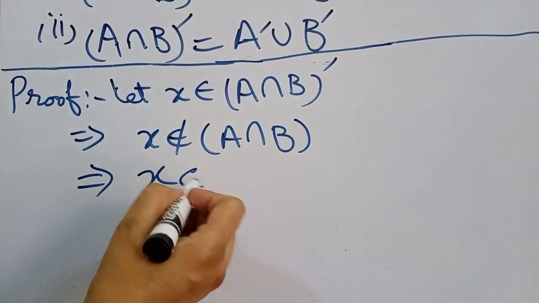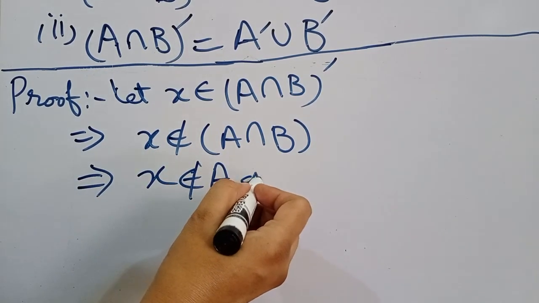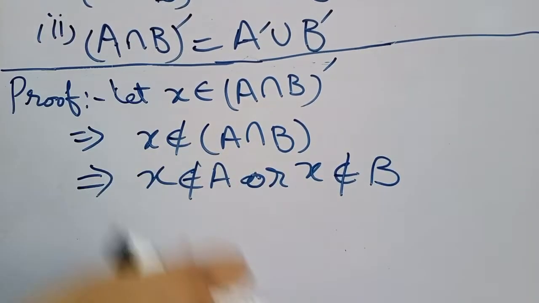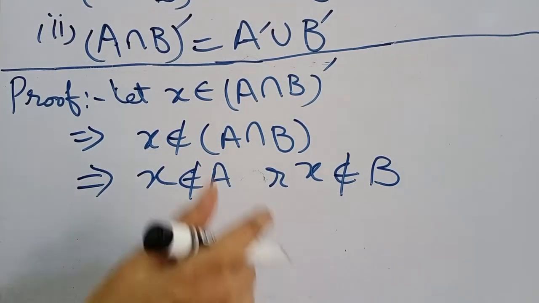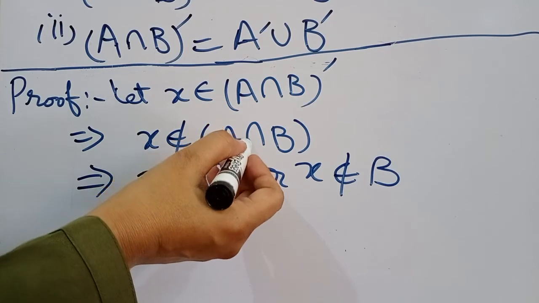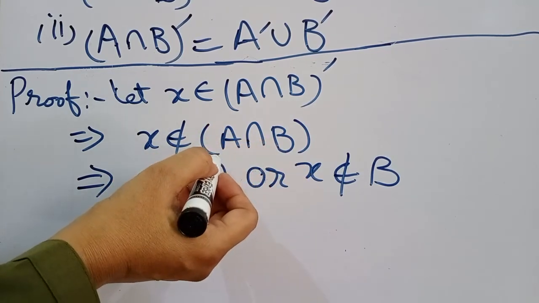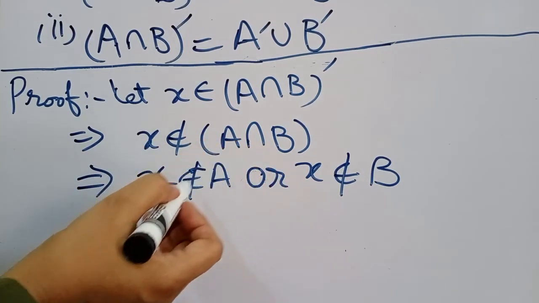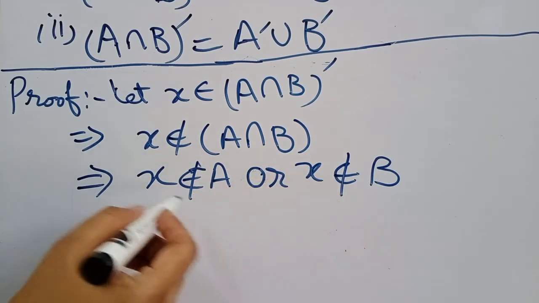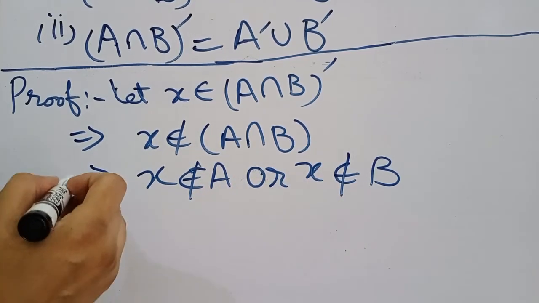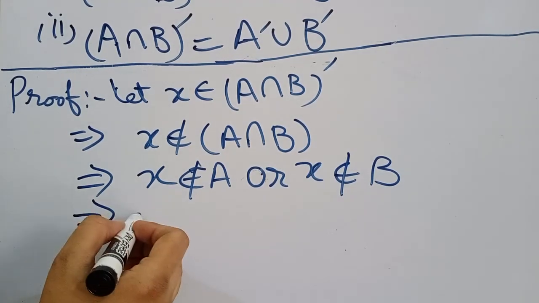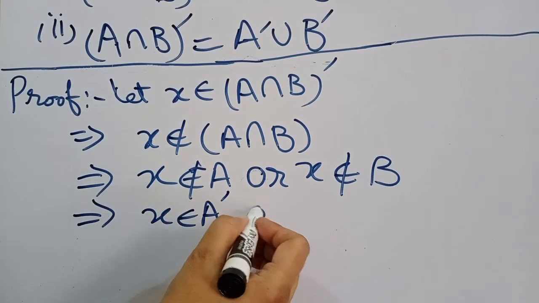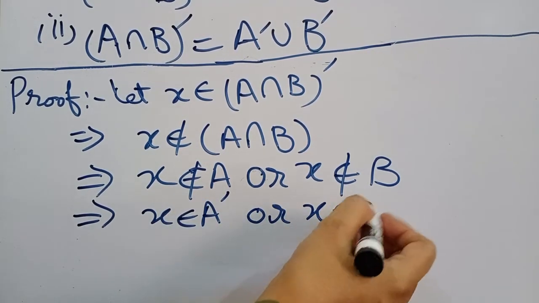This implies that x doesn't belong to A or x doesn't belong to B, because this set contains all common elements of A and B, and x doesn't belong to this set. It means x doesn't belong to A or x doesn't belong to B. So x belongs to A complement or x belongs to B complement.